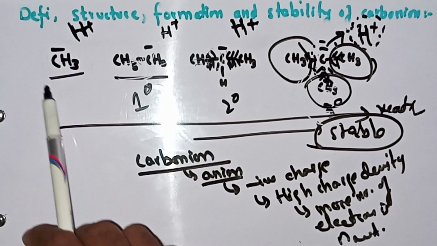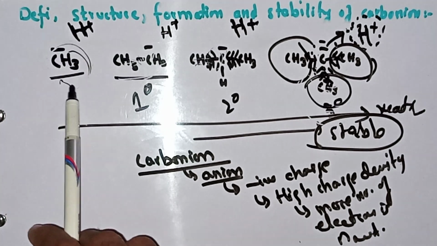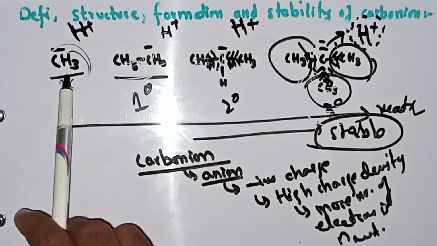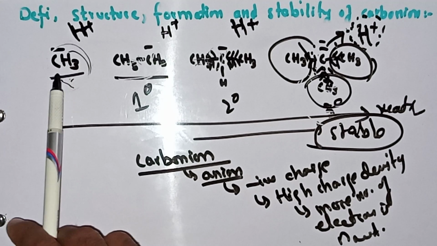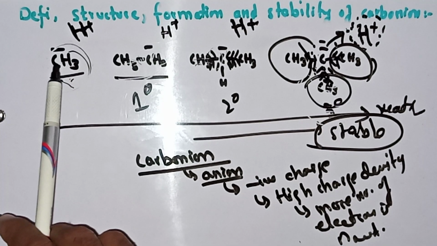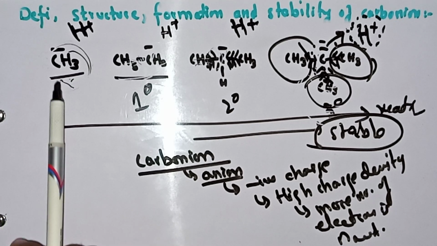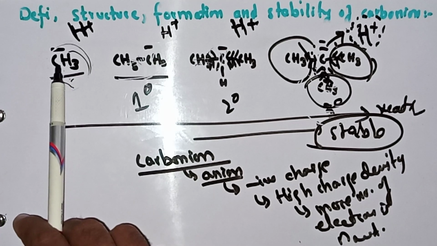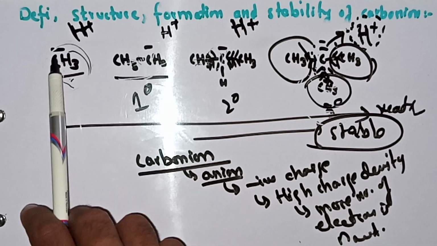But in the case of the simple methyl carbanion, it is the most stable and very less reactive, because here there is only hydrogen, no alkyl group or methyl group is attached, so no electron donating group is attached, so it has very little electron density on this carbon.